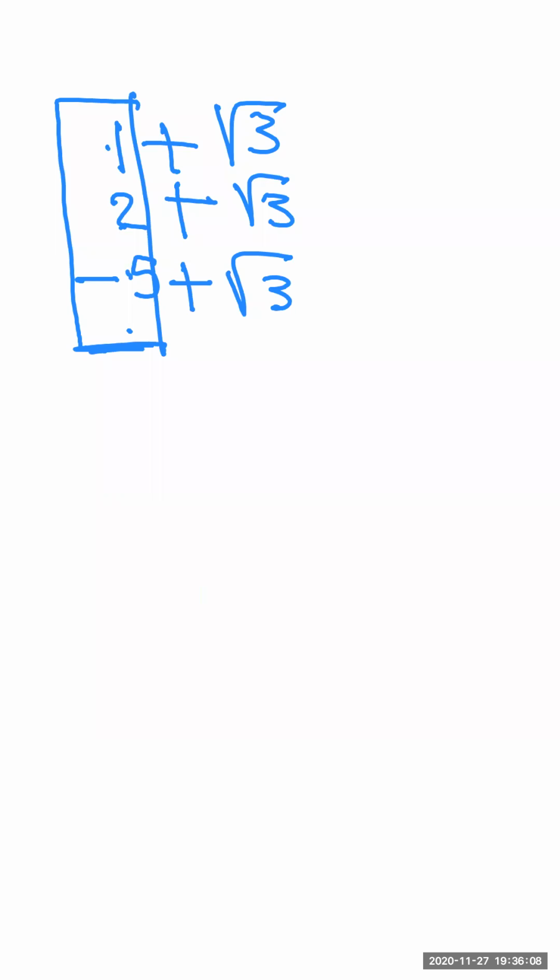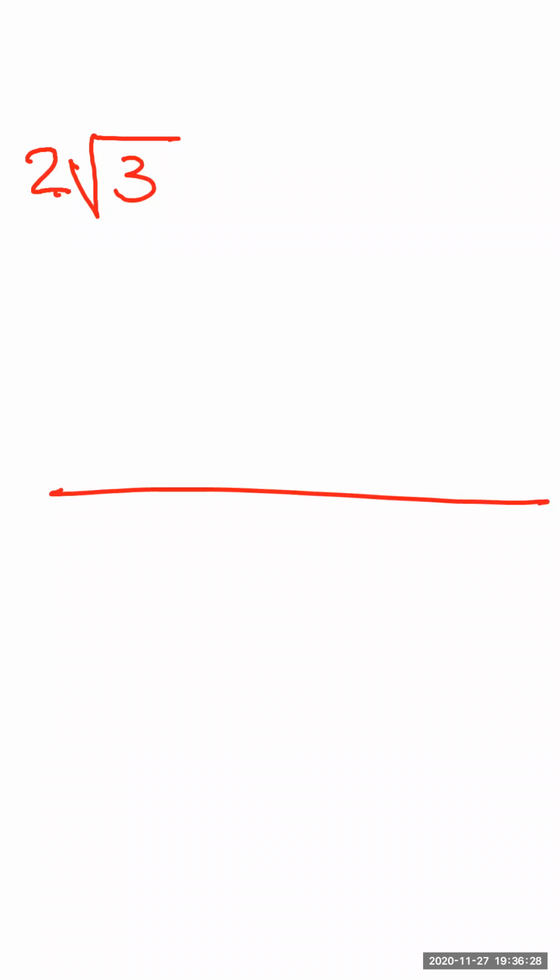Then, if it's like this, 2 square root of 3. In this case, guys, I will start from 0. Then draw the perpendicular line which represents the side.